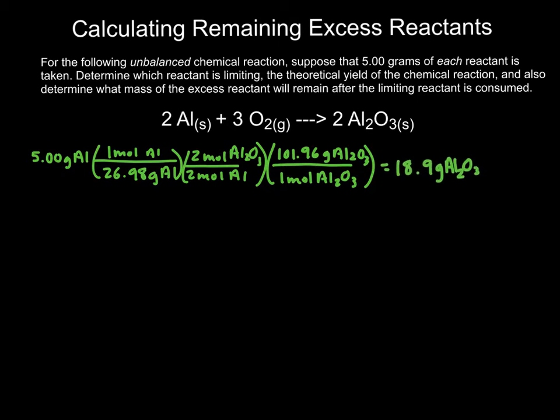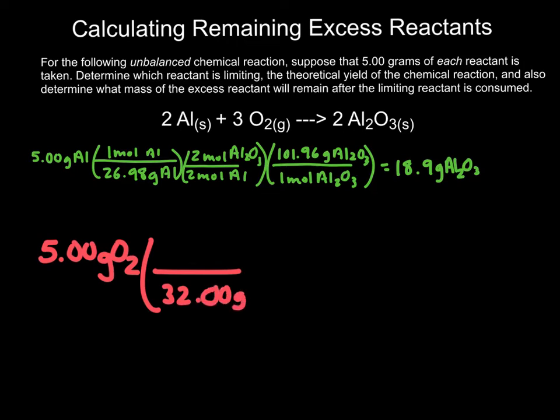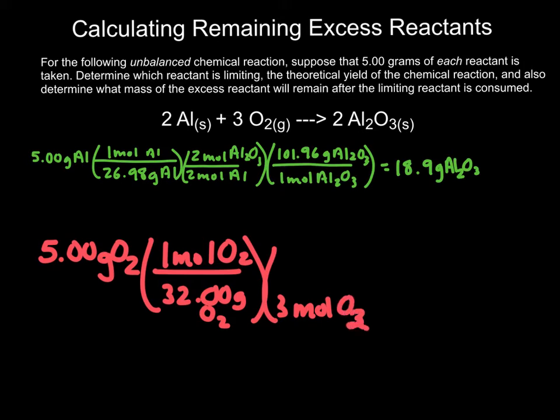Now we repeat the same process for oxygen. We start with 5 grams of oxygen, and we're going to do the same exact thing. We know that there are 32 grams of oxygen for every 1 mole. And according to the reaction, for every 3 moles of oxygen that react, we make 2 moles of aluminum oxide.